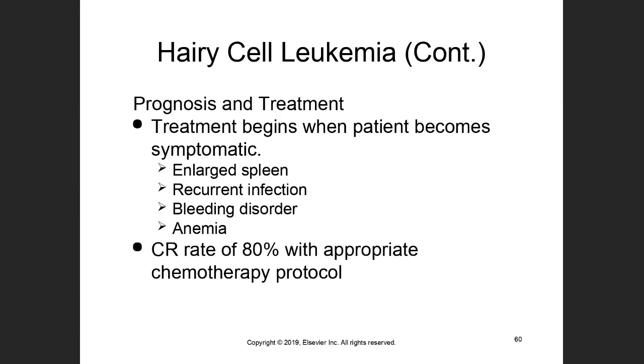Treatment begins when the patient becomes symptomatic. That's special, okay? If the patient doesn't have any symptoms, you don't do anything. Once the patient starts to develop symptoms, then you treat the patient. Common symptoms are splenomegaly, recurrent infection, bleeding, and anemia.